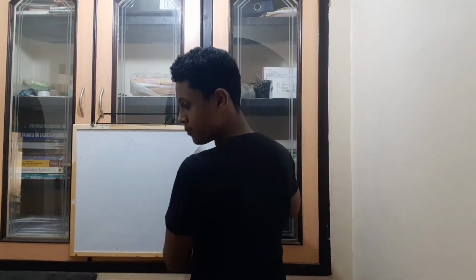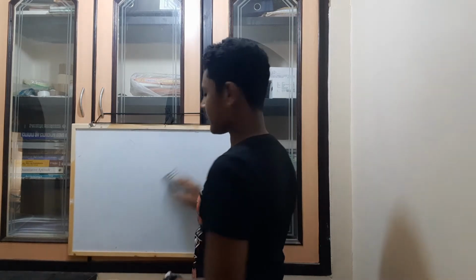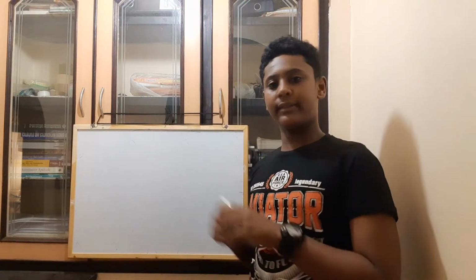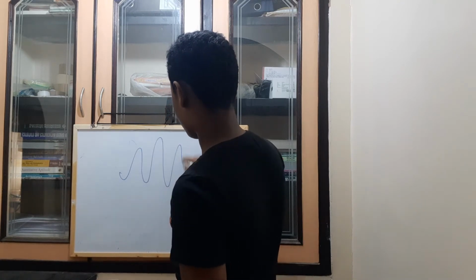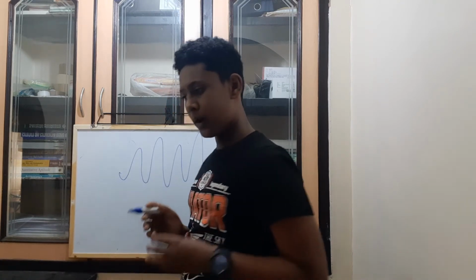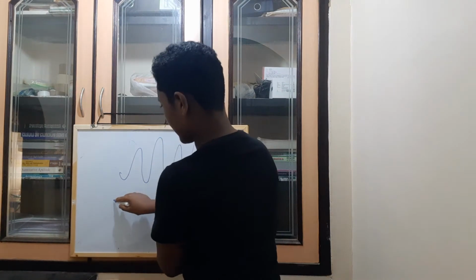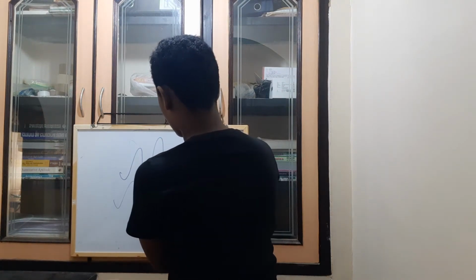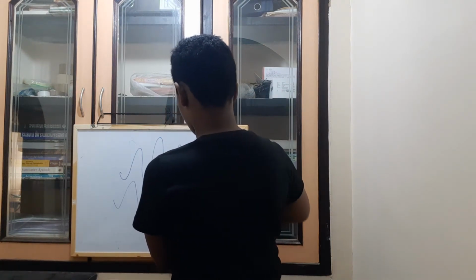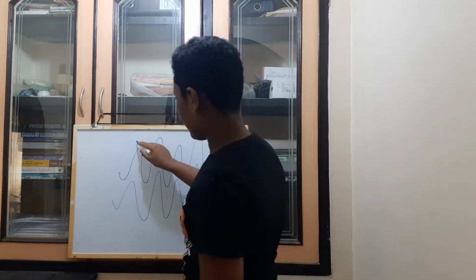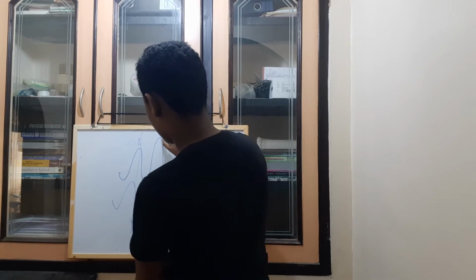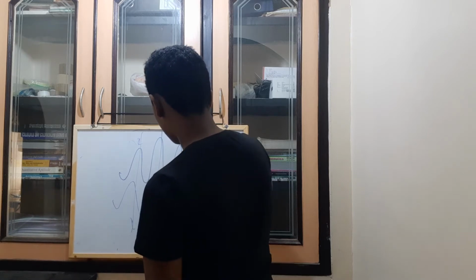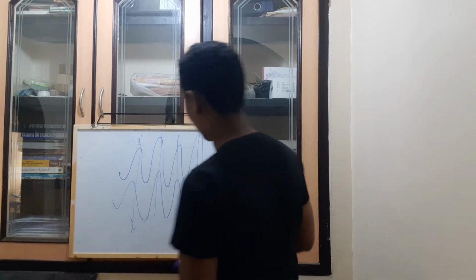Now, if we're having a wave like this, and we're having another wave like this in the same pattern, don't change the pattern. If we're labeling this point X and this point X in a line, sorry if I had missed the line, it's all the same parts.